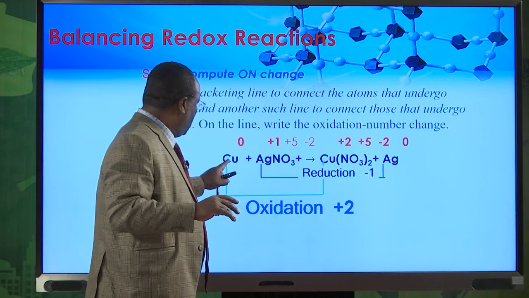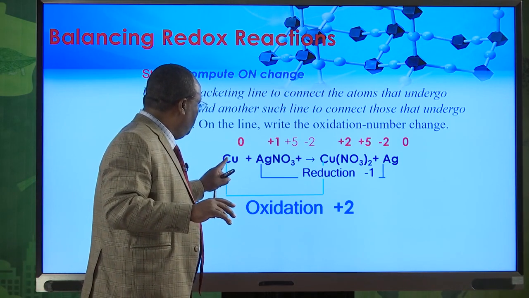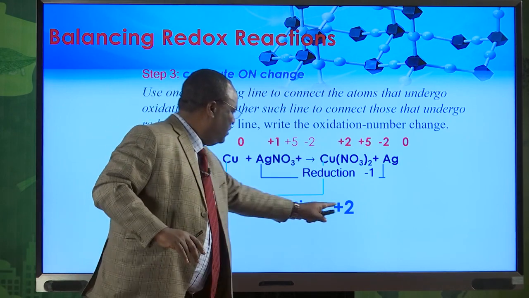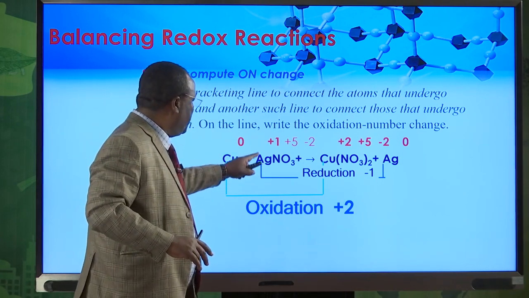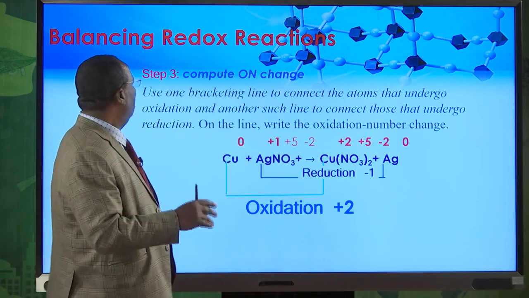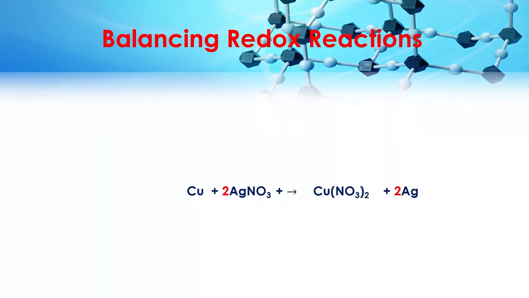Now, copper is oxidized from 0 to +2. Then silver is reduced from +1 to 0. Now we compute the oxidation number change because there is only a change in the oxidation number of copper and silver in this chemical equation, as we identified.